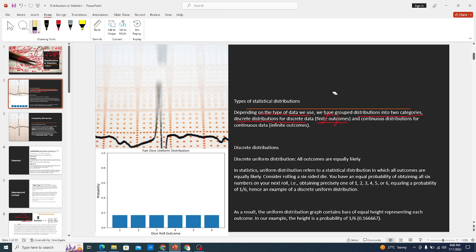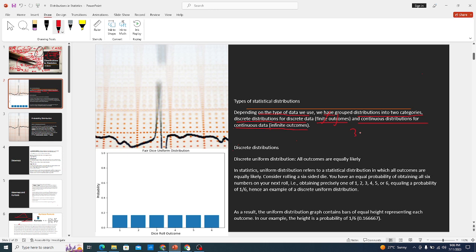Okay, good. Now let's go to continuous distribution. For continuous distribution we talk about infinite outcomes, where our data type might have floats or decimals attached to them.